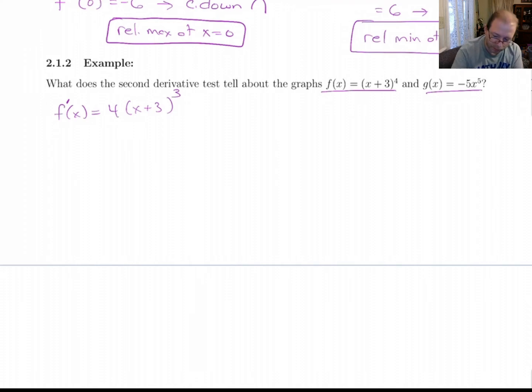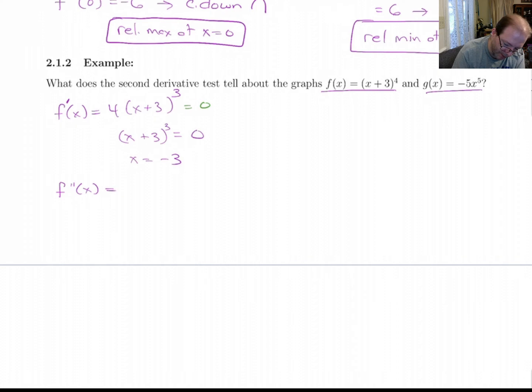So let's do this nice and slowly. To find the critical numbers, we get x plus 3 cubed is 0, and if I divide both sides by 4, I get x equals -3.